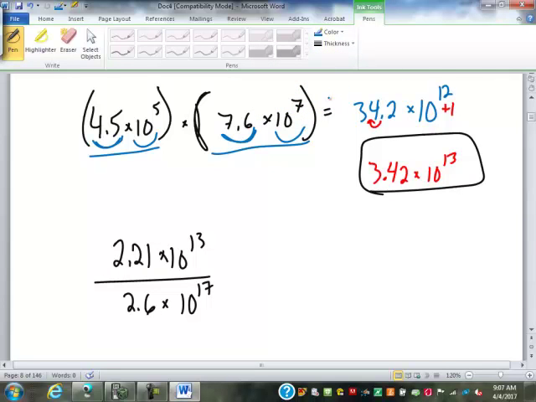So here, 2.21 divided by 2.6 is 0.85. Yep. Times 10 to the... Careful. Oh, it is negative 4. You're right. Negative 9.